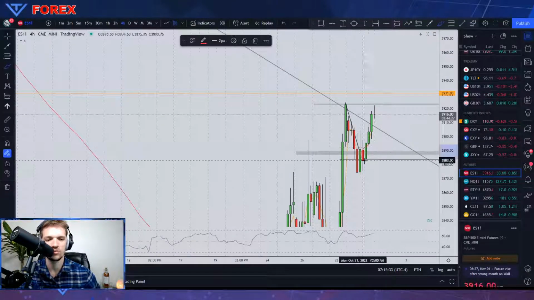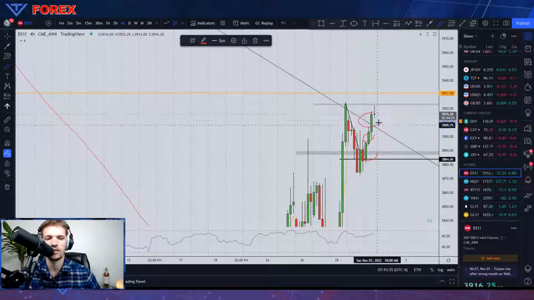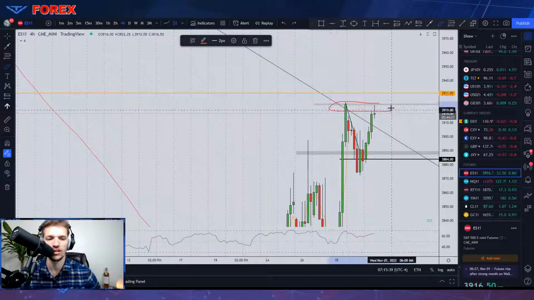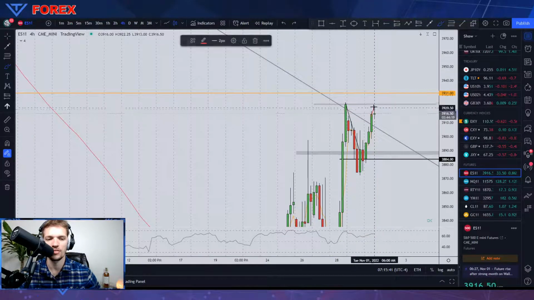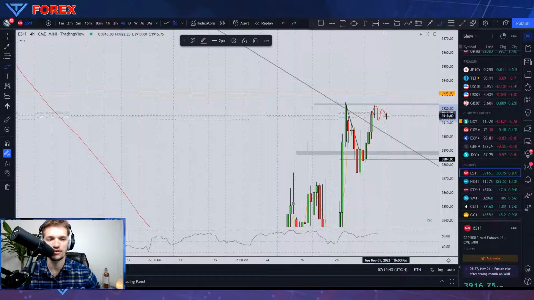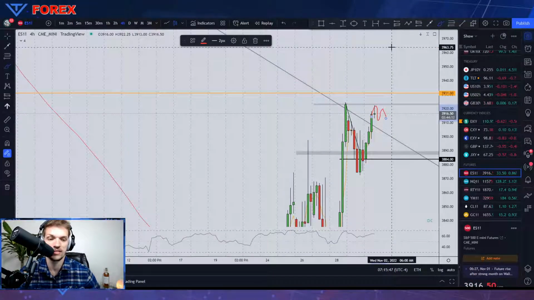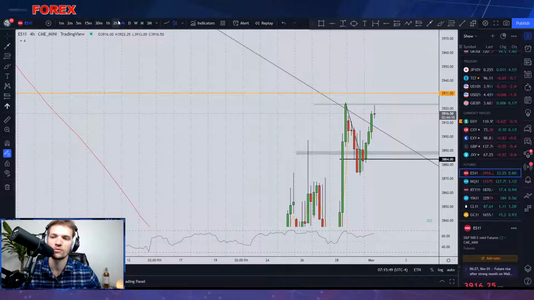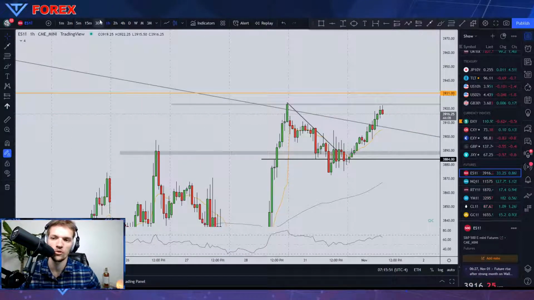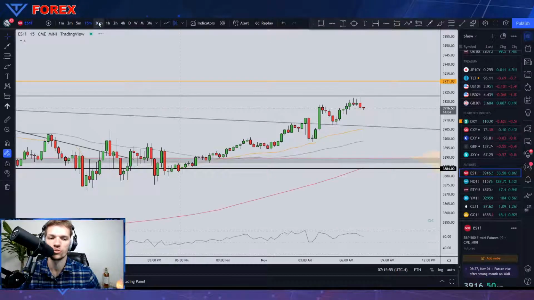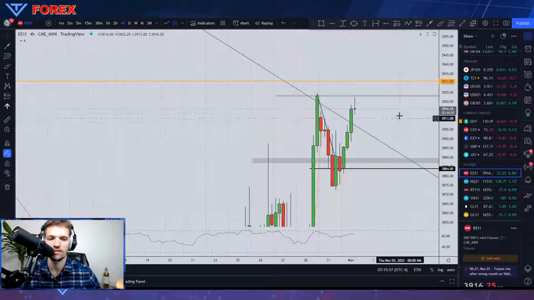You had these three 4-hour candles in a row leaving this area here. The current 4-hour candle is showing this rejection at yesterday's high. So I think we just get a little bit of chop around here the next 2.5 hours, I guess, until JOLTS. I'm not sure I'm going to really be messing with equities today. There's really no clean zones or levels to play off of, especially looking at the 4-hour.